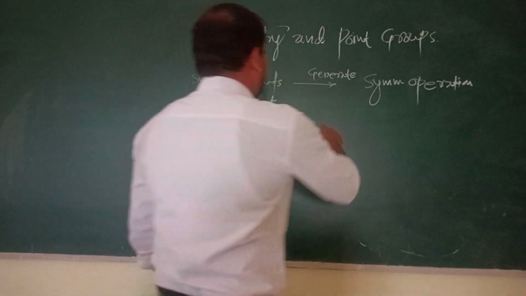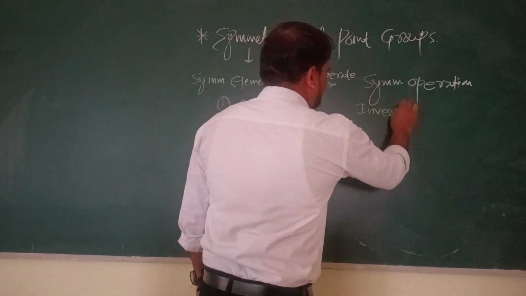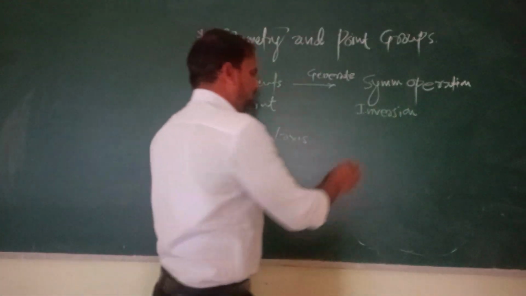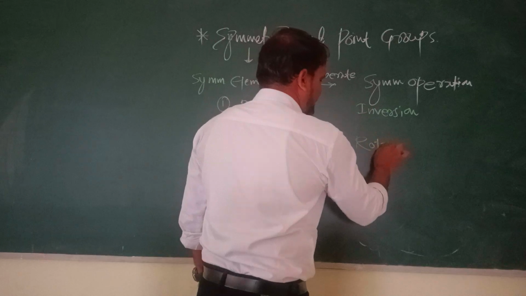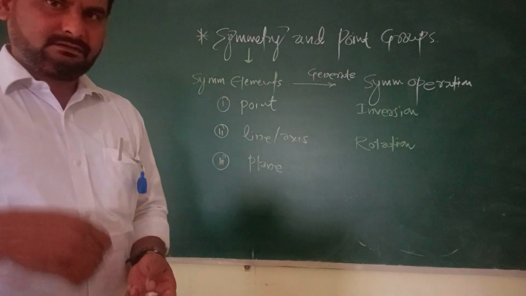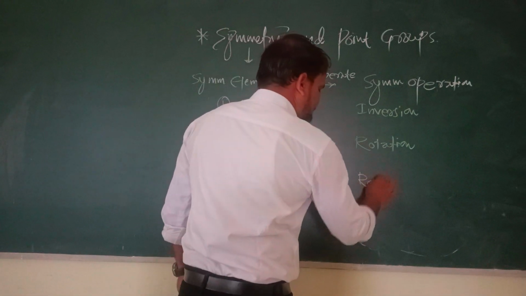Let's begin with examples. A point generates the inversion, a line or axis generates the rotation, and the plane generates the reflection.